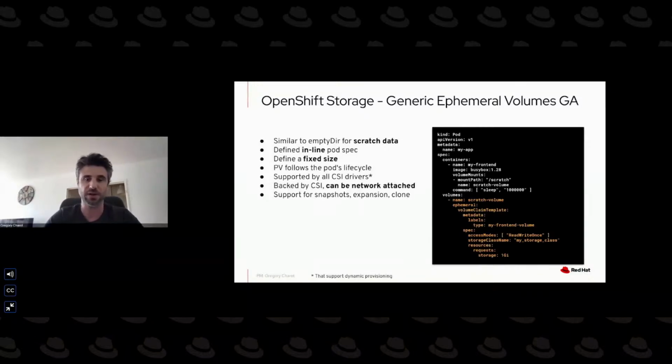It's created and bound when the pod starts and deleted when the pod terminates. It's supported by all CSI drivers that support dynamic provisioning, and as it is backed by CSI, you can benefit from features such as network attached backend, snapshot, expansion, and cloning. Next slide, please.